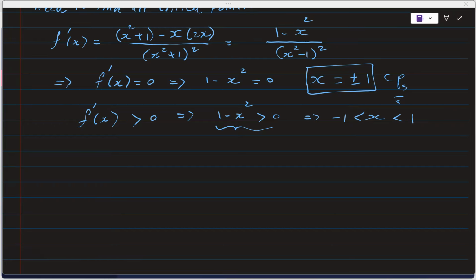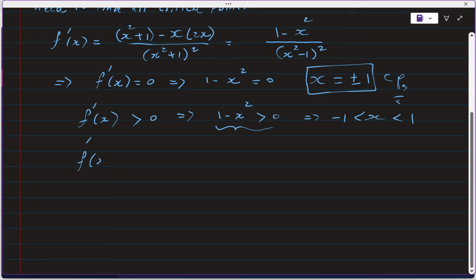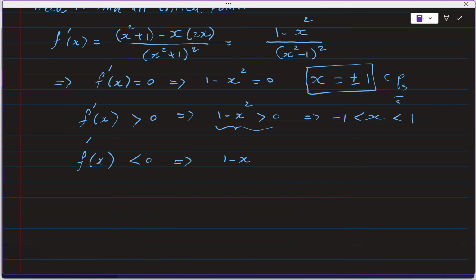The next interval is when f prime of x is less than 0. We do the same thing, 1 minus x squared less than 0, and in this case we have that interval for each one.